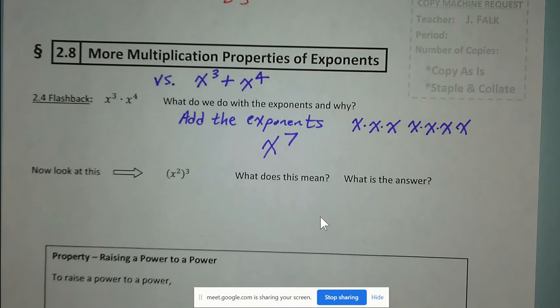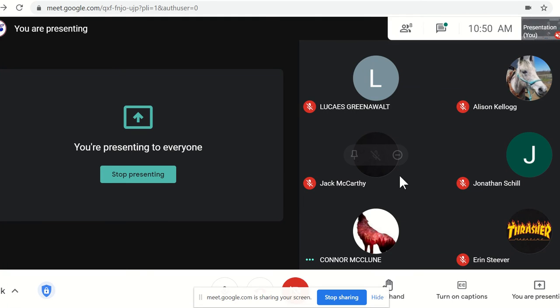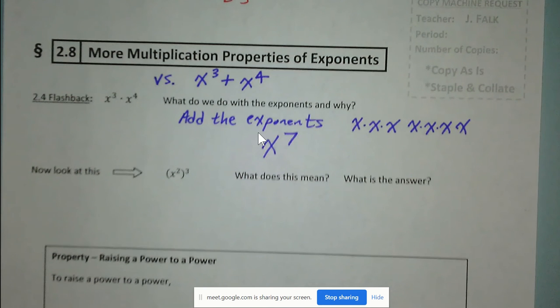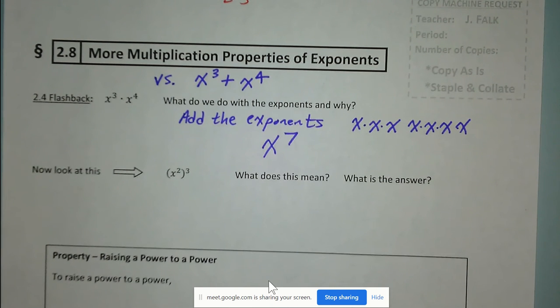Connor, what can you tell me about x to the 3rd plus x to the 4th? What do you think, Connor? Can we do anything with that? Not to my knowledge, no.